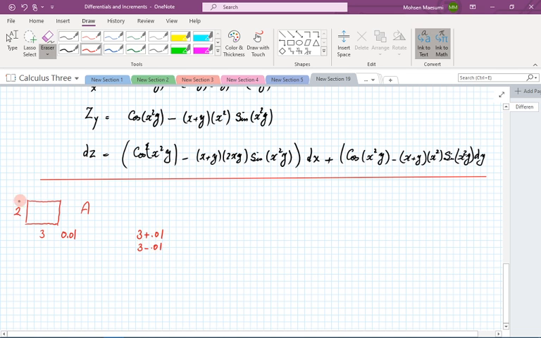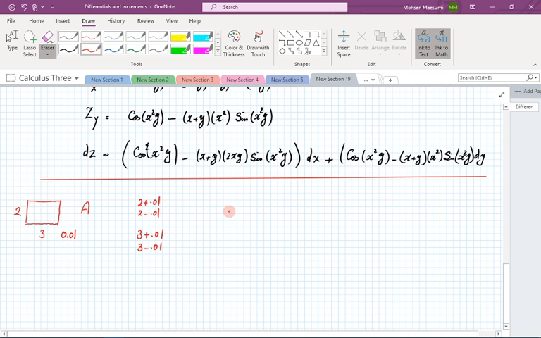And suppose on the other side you are making the same error, that the actual quantity could have been 2 plus 0.01 or 2 minus 0.01. So we say let's assume that our measurement is good to plus or minus 0.01 miles. The question is, how about the calculation of the area? What would happen to the area?